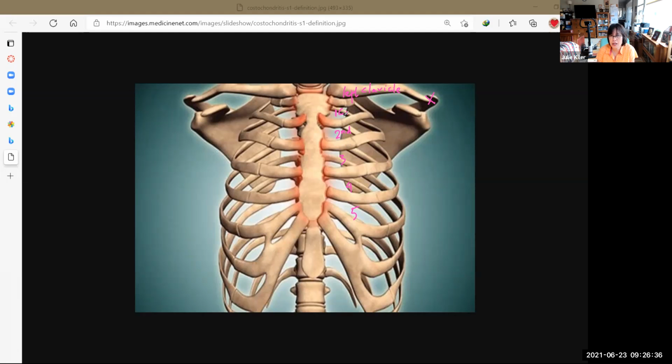Now you see here, 1, 2, 3, 4, 5, right? And right at the fifth intercostal, and then the midline. We take a left midline. You see that half and half. So basically the midline.